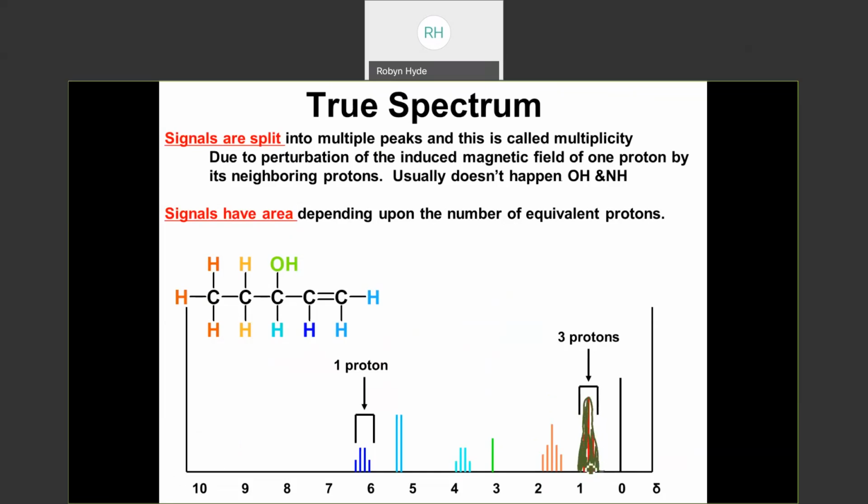So we say that this signal has a very particular area, and then we could take this signal, do the very same thing, use a computer to calculate, and this signal has a particular area, and that will also have meaning to us.